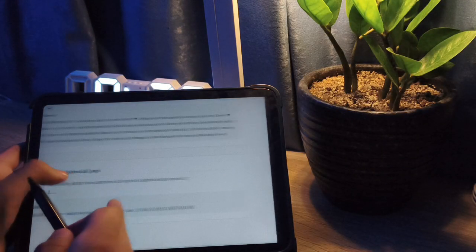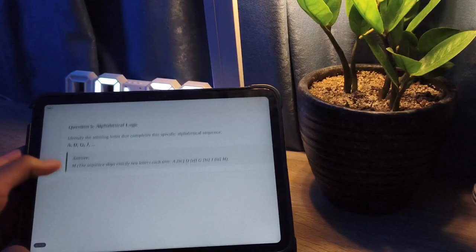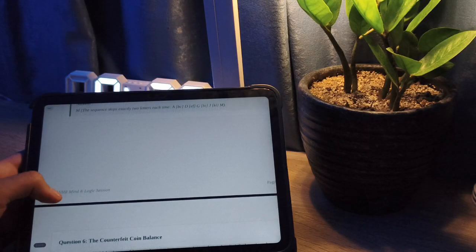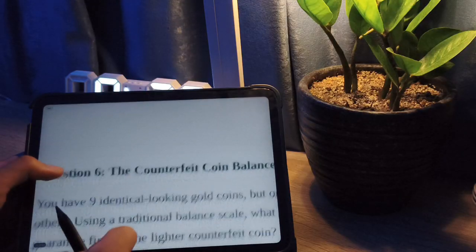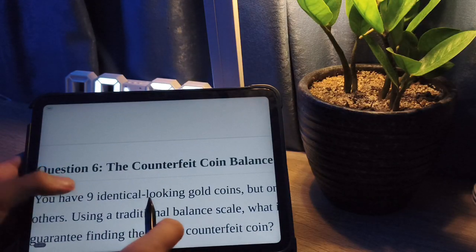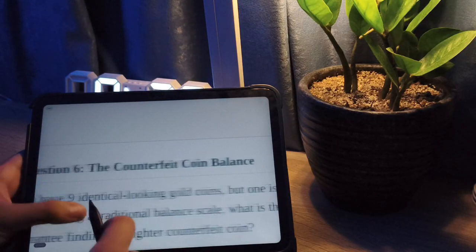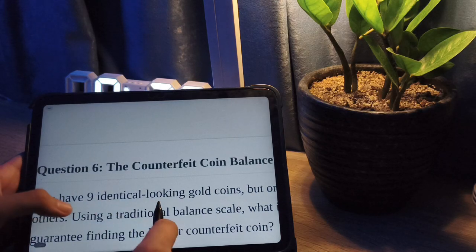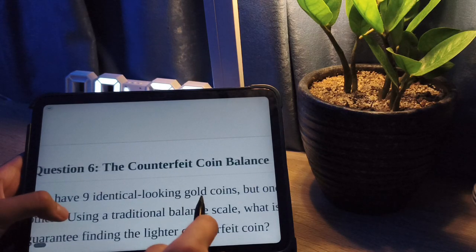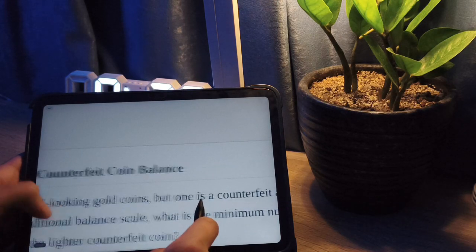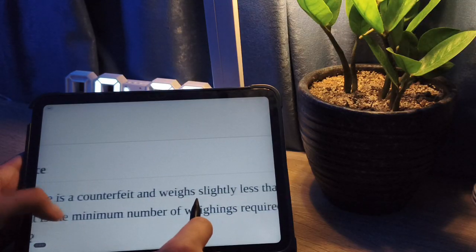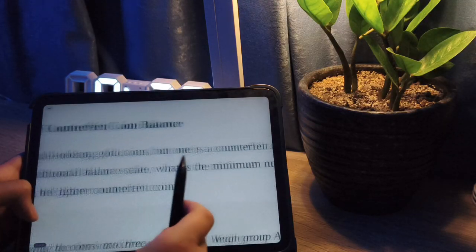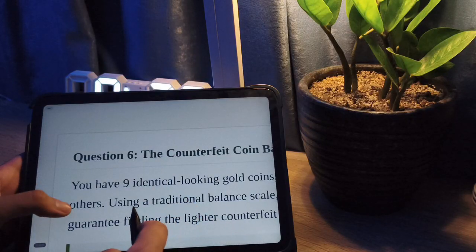So, let's continue with question number 6, which is: you have 9 identical looking gold coins, but one is counterfeit and weighs slightly less than the others.